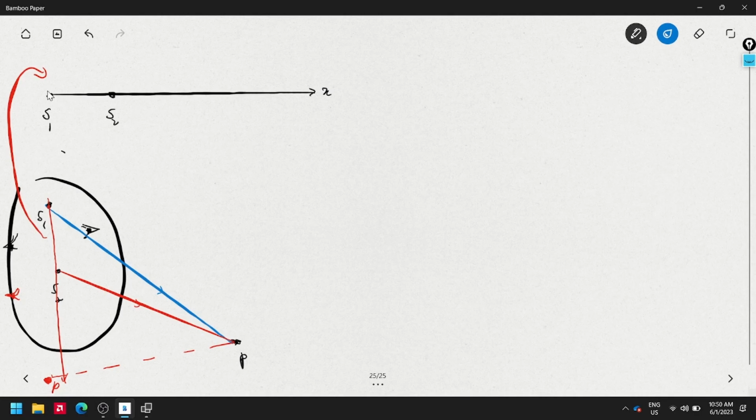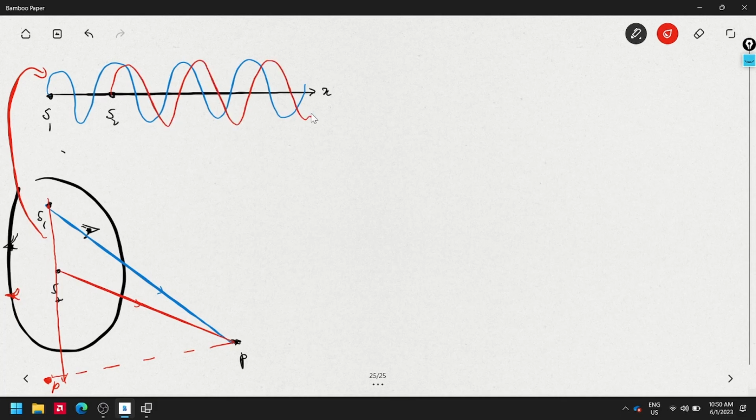So if I draw my blue wave coming from here, and then I draw my red wave over here, the distance from here to here is given by lambda, and the distance from here to here is given by lambda as well. So they have the same frequency and wavelength.